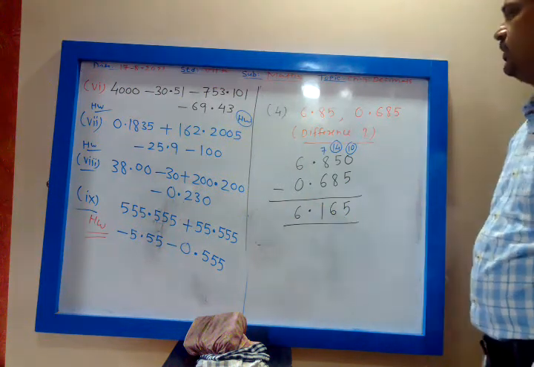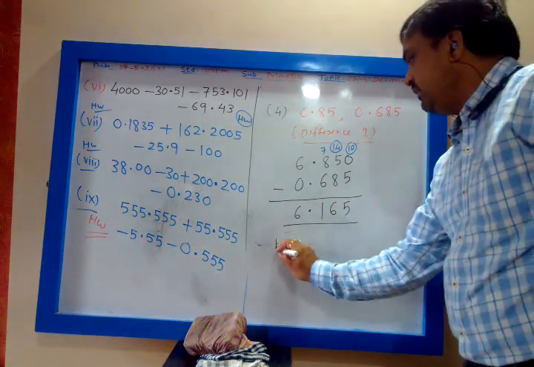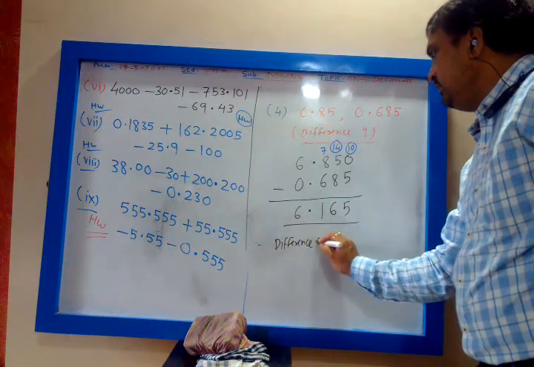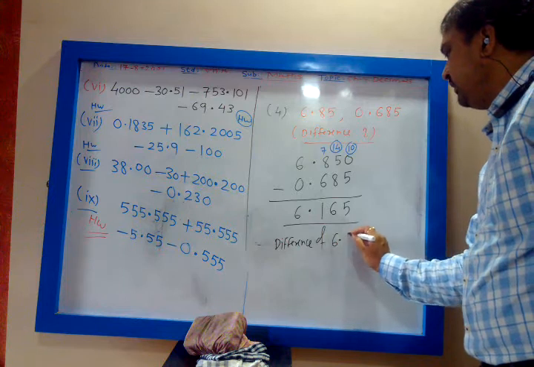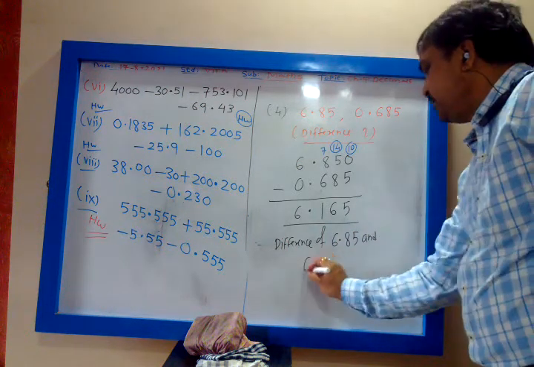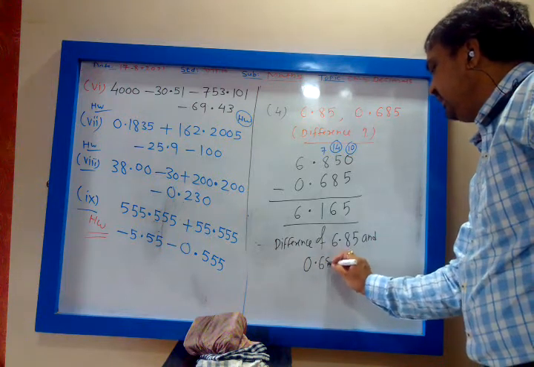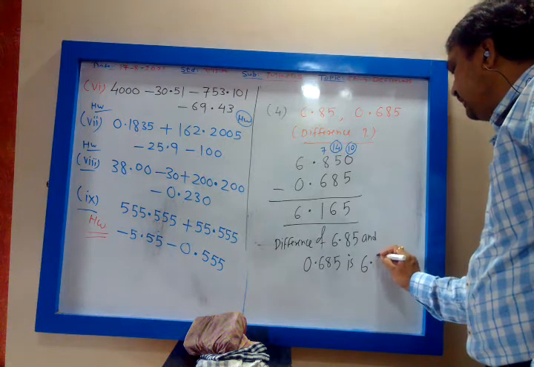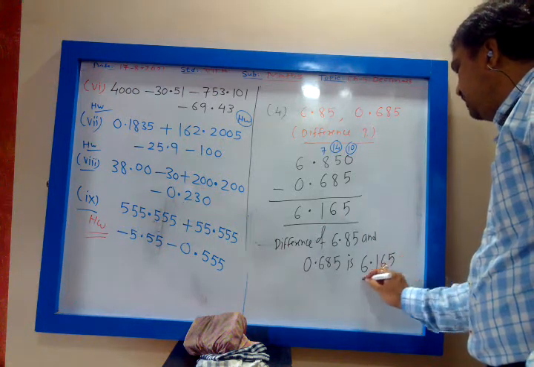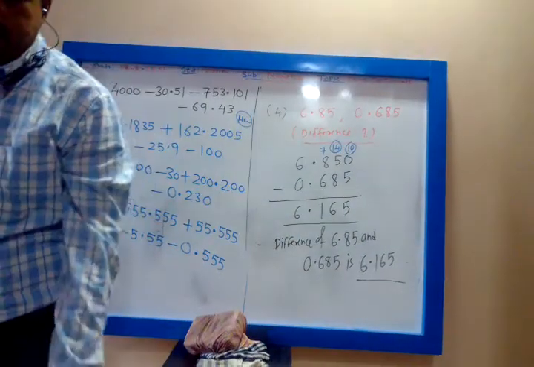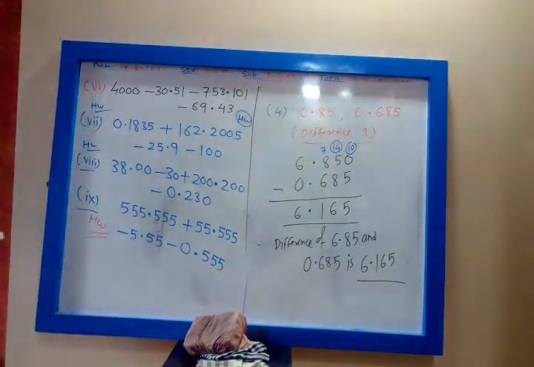So 6.165. The difference of 6.85 and 0.685 is 6.165. Difference means subtraction.